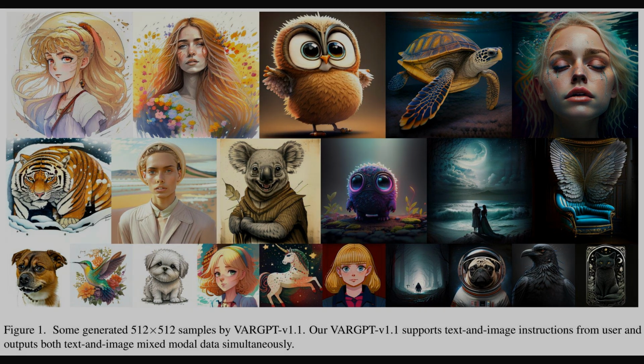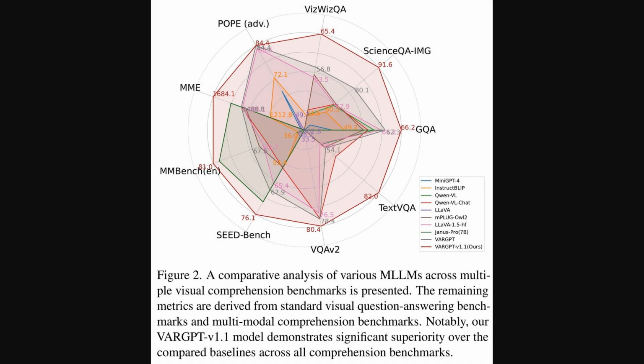Okay, so we saw some examples of the image generation, but how does it do on the understanding side? Well, this next chart, figure 2, actually compares VARGPT-v1.1 against several other well-known multimodal models. Things like LLaVA, Qwen-VL, and the original VARGPT.